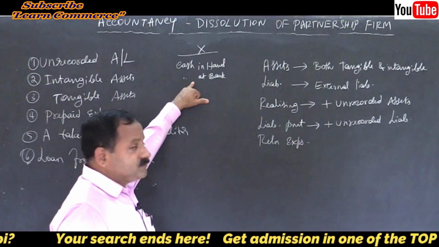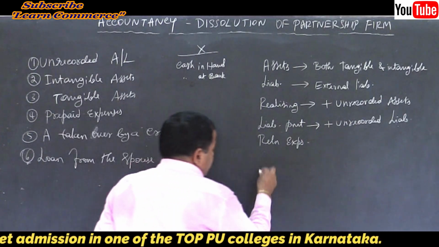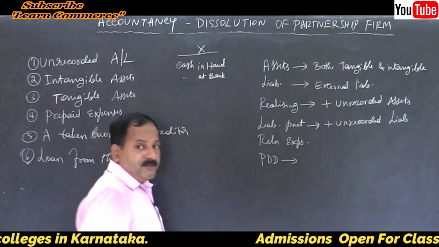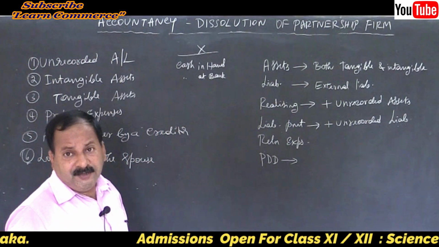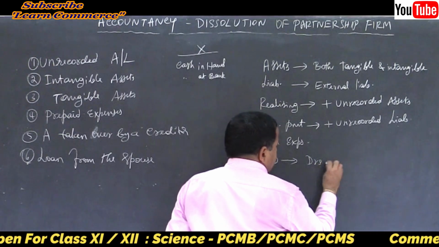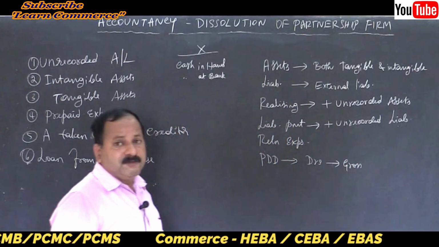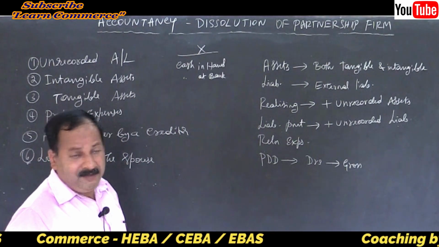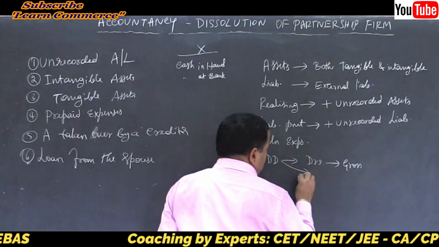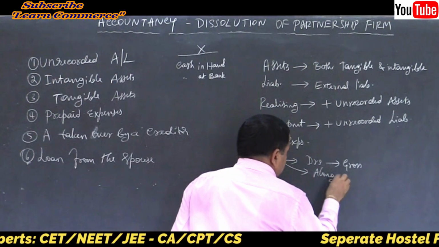Then, in case of debtors, if there is a provision PDD in the balance sheet, debtors should be transferred at gross, and PDD should be transferred separately along with other liabilities.